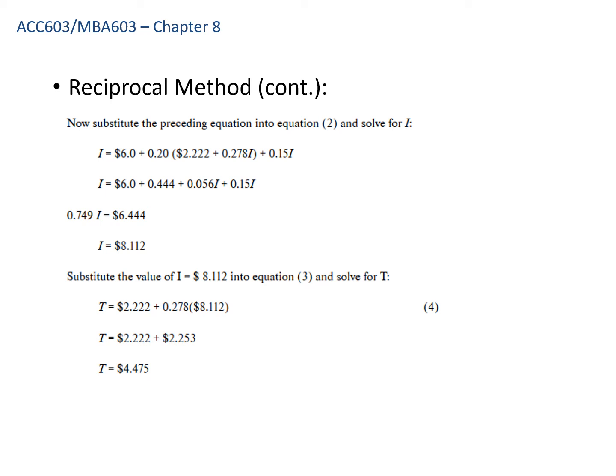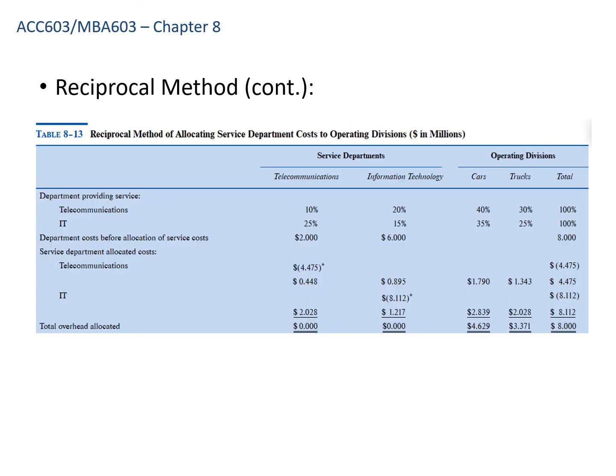Now that's kind of a meaningless number at this point, okay? I can substitute that into equation 3 and solve for T and see T equals 4.475. So then I can do this where I do the allocation. So the service department allocations for telecommunications, I have that negative 4.475 that we just calculated.